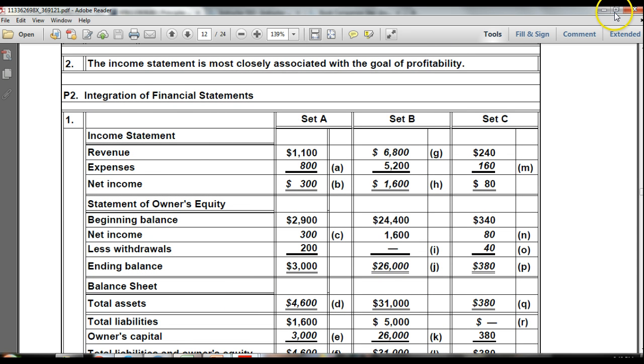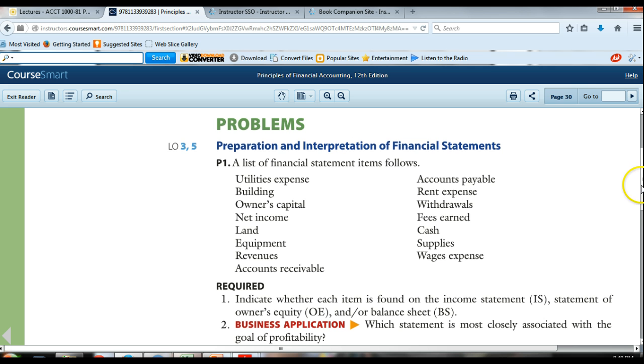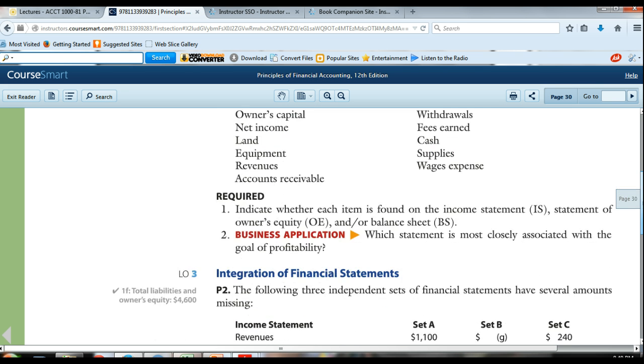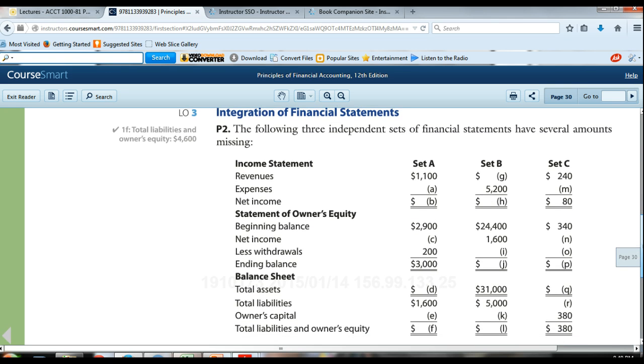Now we're going to go, am I going too fast for you? We're going to go to P2. Our job is to do what we did in that other problem. It's to put in the missing figures.